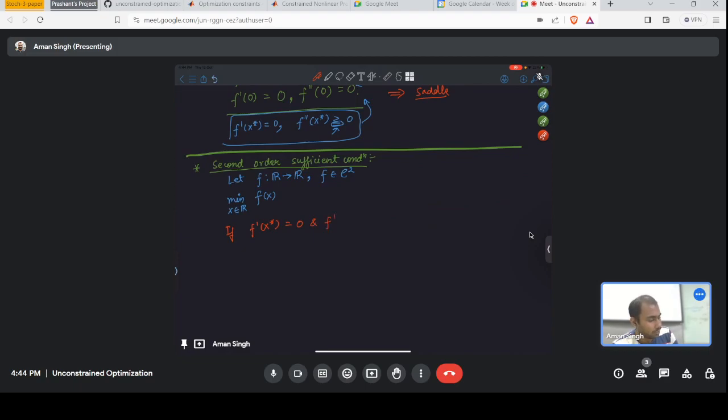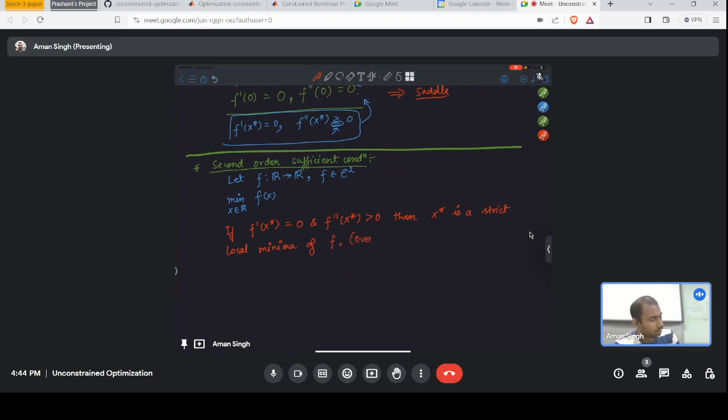Then the second order sufficiency condition says that if f dash x star equals 0 and f double dash x star is greater than 0, then x star is a strict local minima of f.